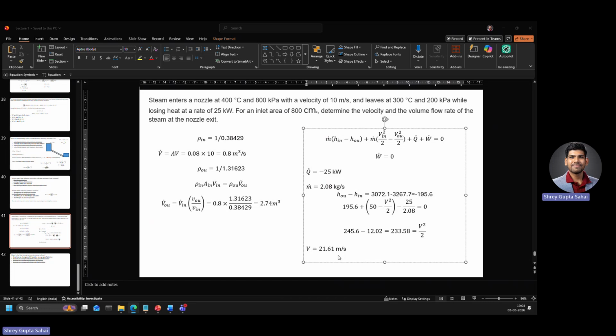What have I done incorrectly here? Ten and 100, that's okay. 25 kilo, let me check. Had I made a mistake somewhere or not?